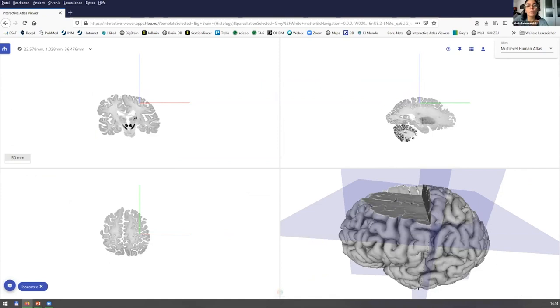Someone is asking, what are the other brains called? BigBrain has a given name. It's called BigBrain. The other brains, they're just brains. We would identify different brains with an anonymized brain ID.